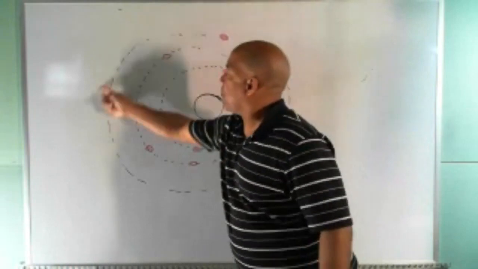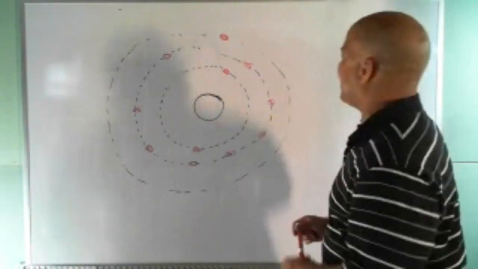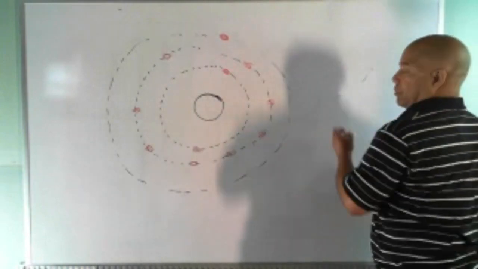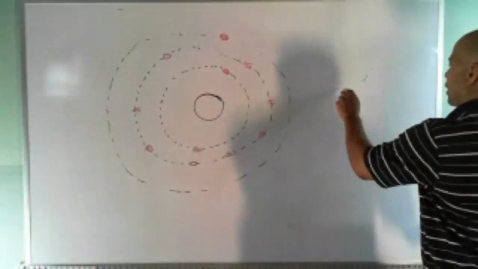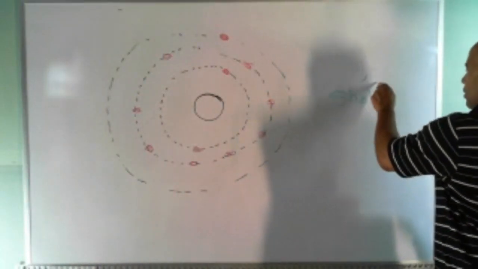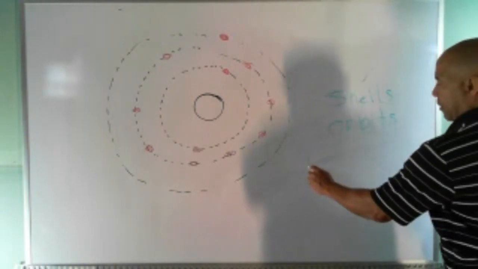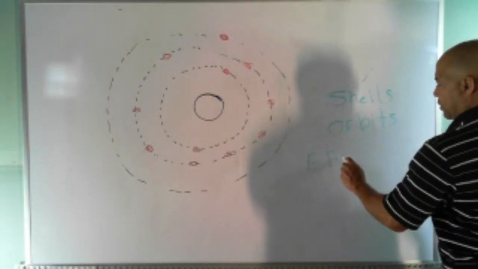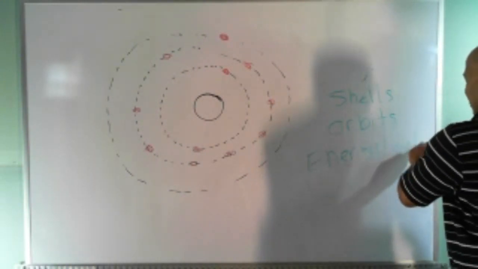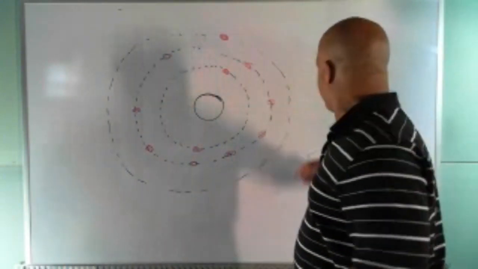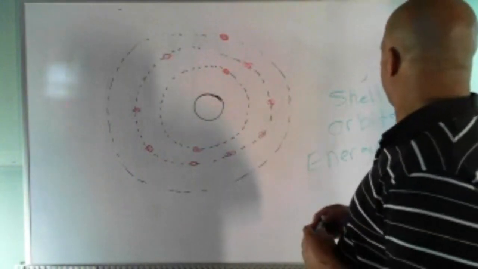This last orbit on an atom, whichever one is the last orbit, is called valence. Sometimes these orbits are called shells, or they might be called energy levels. Depending on whose class or what book we pick up, there are different names for these. We'll just call them orbits or shells. It doesn't really matter.